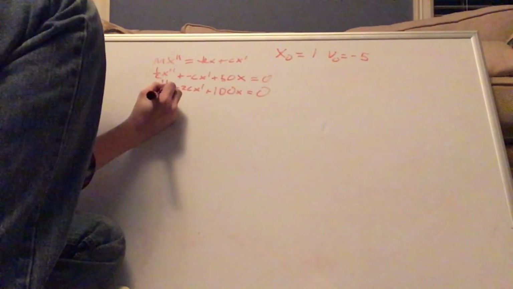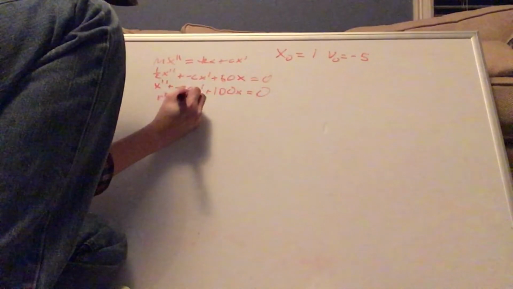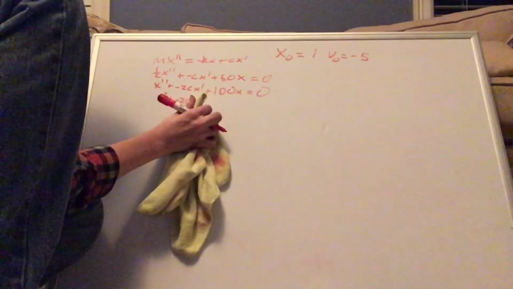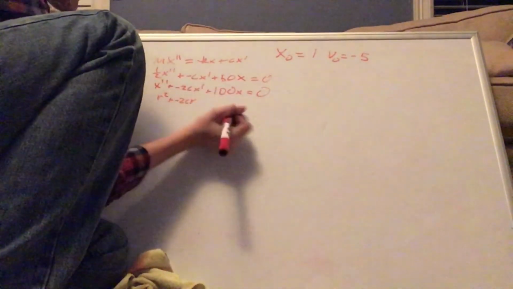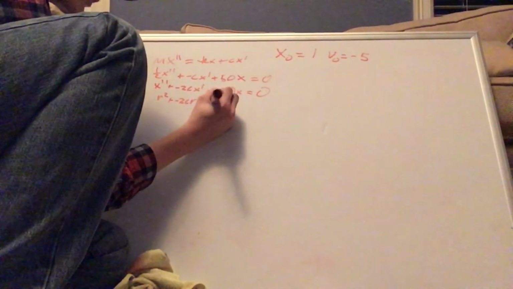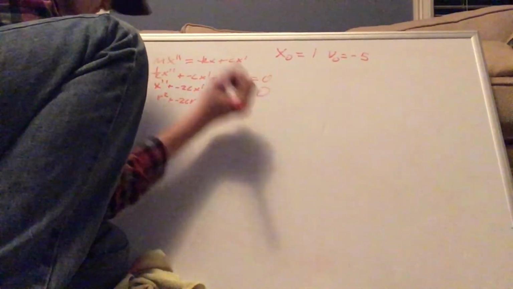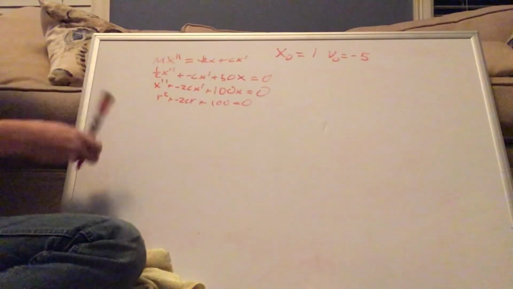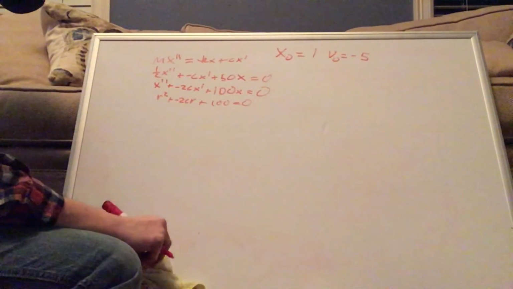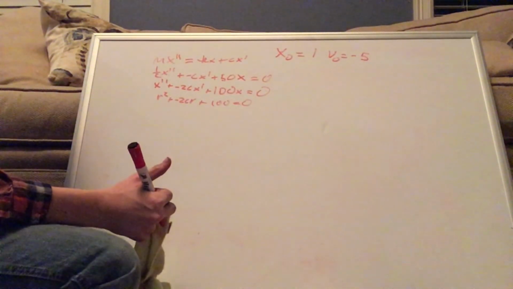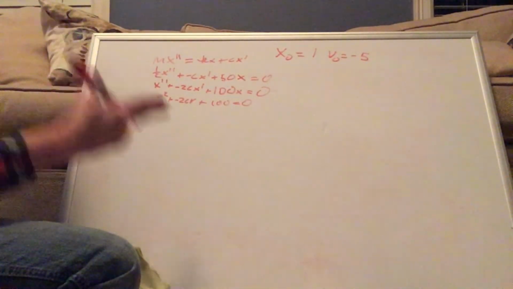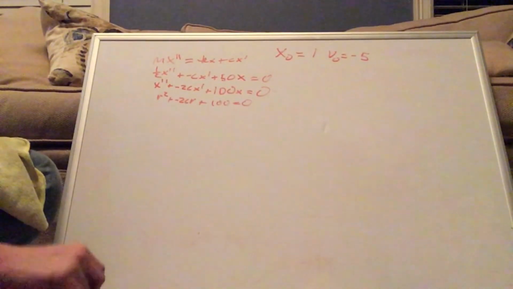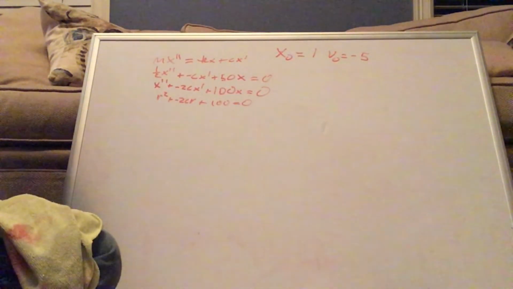You get the characteristic equation r squared plus -2cr plus 100 equals 0. Now, when we get a root, there's obviously two, right? There's non-repeated roots, there's repeated roots, and there's complex roots. And those have 3 different forms of general equation, right?